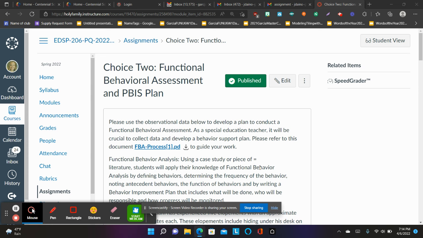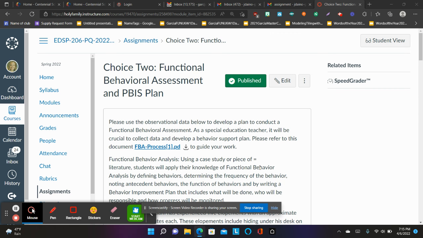So, for this assignment, I'd like you to use the observational data that I described to develop a plan to conduct a functional behavioral assessment. So, thinking back, you're delving into the why of the behavior. As a special education teacher, it will be crucial to collect data and develop a behavior support plan.